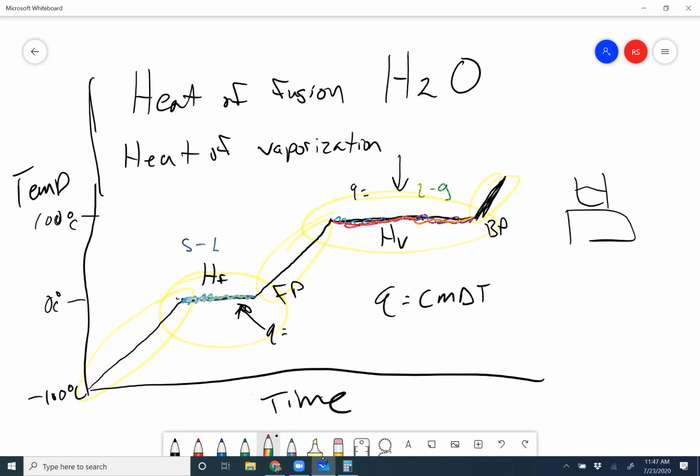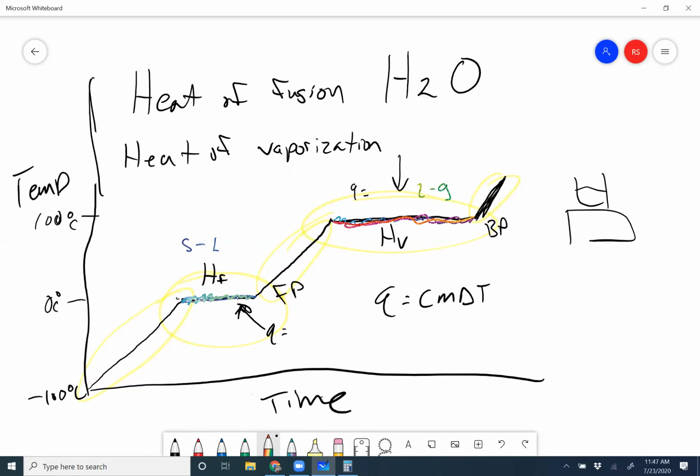Heating up a substance through its phases of matter tells us about the power in its intermolecular forces. The amount of energy, heat, required to go from solid to liquid, or vice versa, is called the heat of fusion.